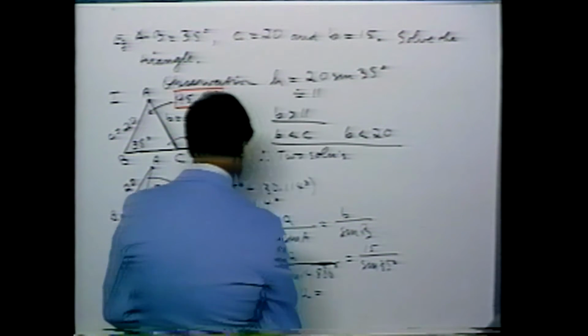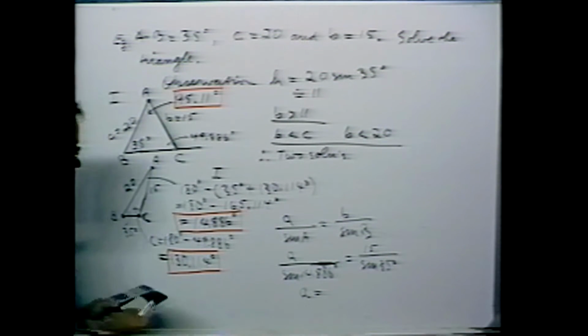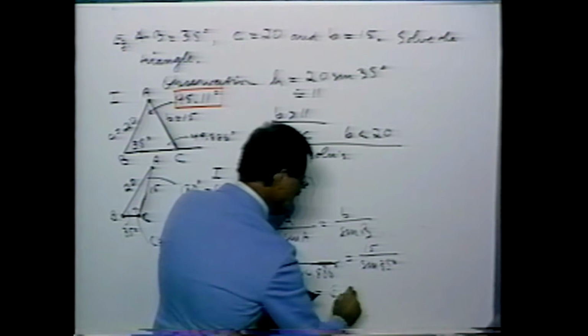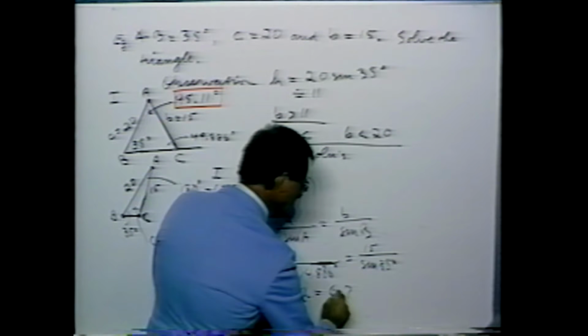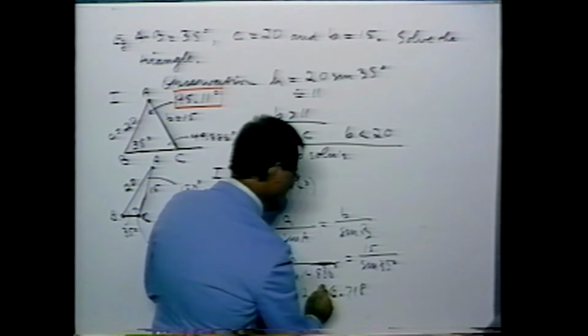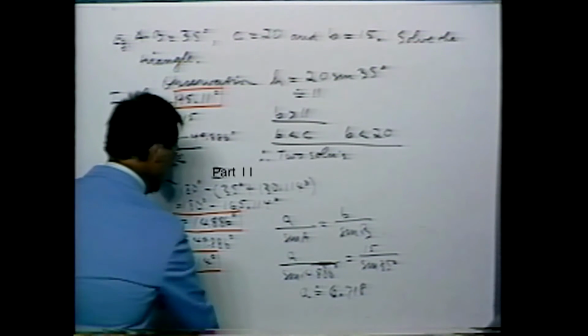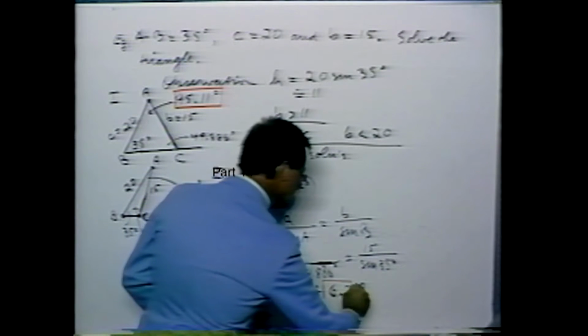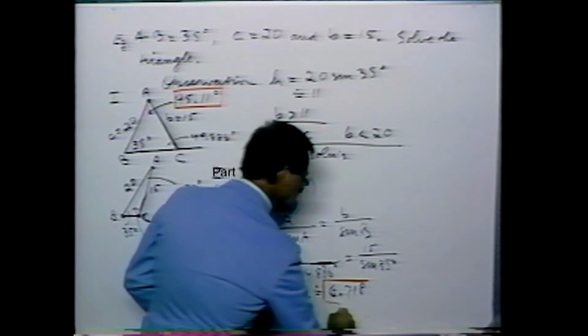Working this all down using your calculator, and that equals 6.718 approximately. And there we have all of the components for that triangle.